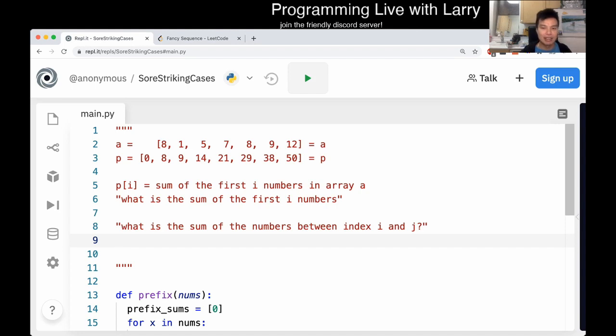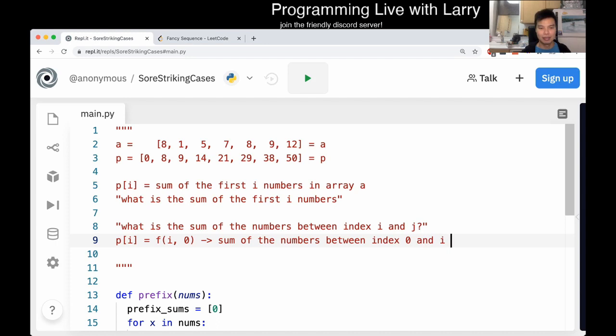But the idea is that you could rewrite this another way, where p sub i, which is what we have, is a function f of i, which instead of saying it is the sum of the first i numbers, is the sum of the numbers between index 0 and i.